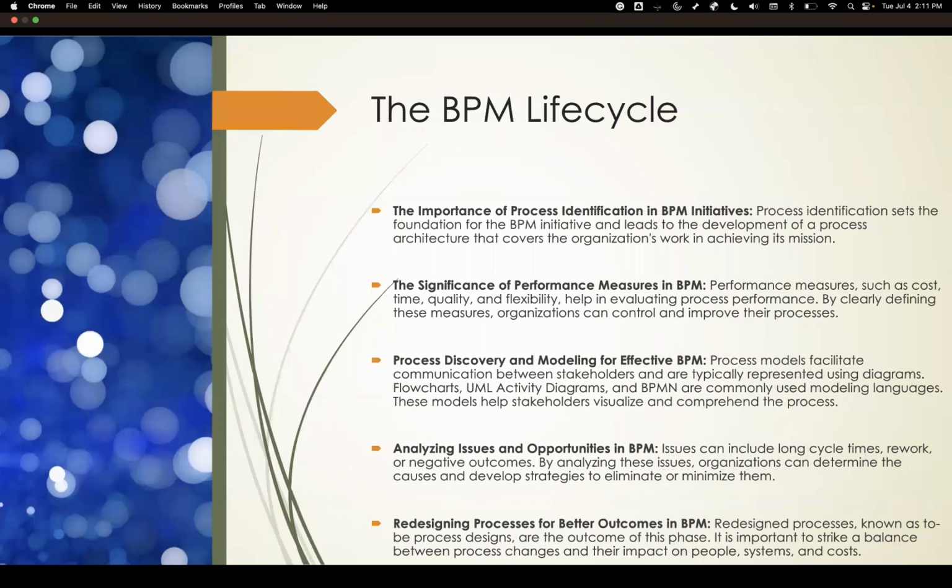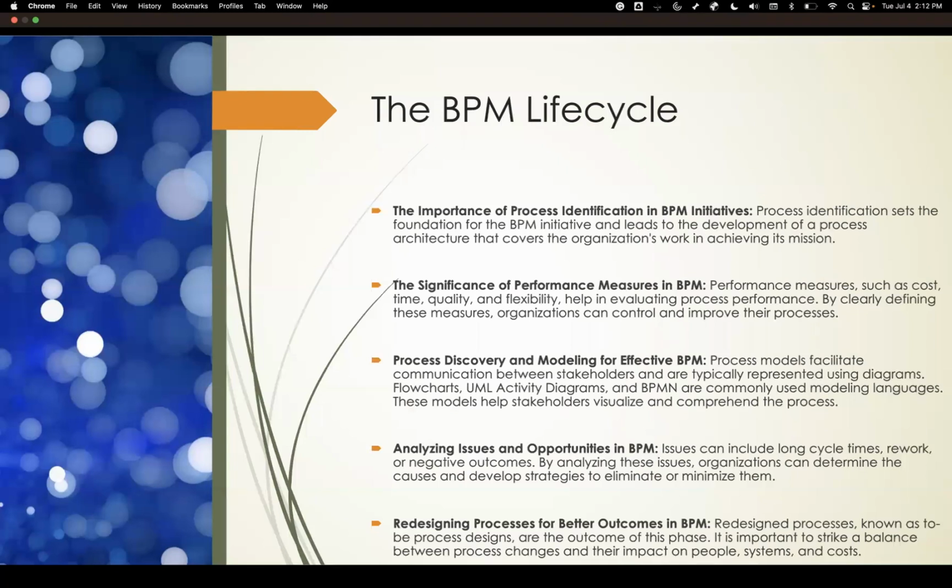Process discovery and modeling for effective business process management. Process models facilitate communication between stakeholders and are typically represented using diagrams, flowcharts, UML activity diagrams, and BPMN, which are commonly used modeling languages.